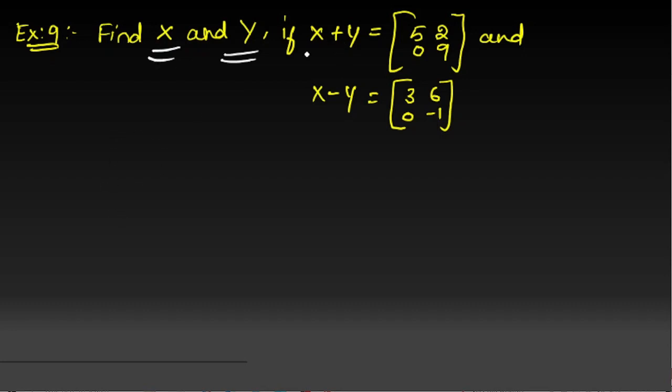Now x plus y is given, and x minus y is given. X plus y is the matrix 5, 0, 2, 9 and x minus y is the matrix 3, 0, 6, minus 1. Now listen carefully to what I am doing.